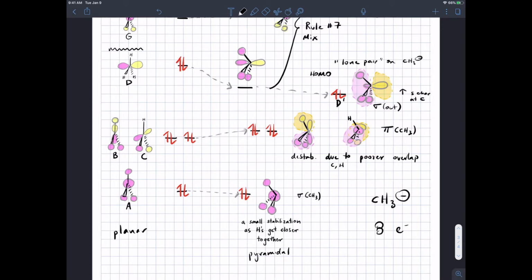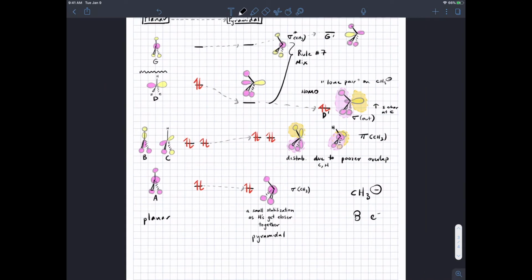We could do the exact same thing to compare BH3 and NH3. One of the great assumptions of this QMOT thing is that if you construct group orbitals for a particular symmetry, it doesn't matter what the central atom is.